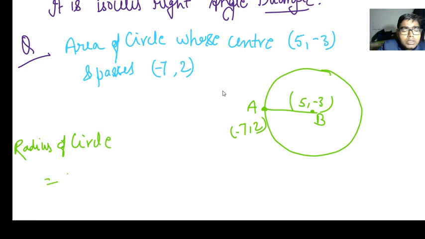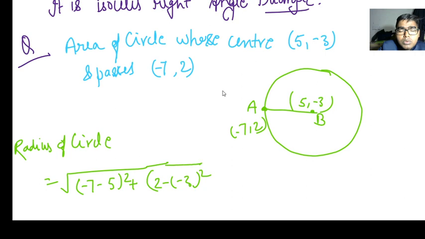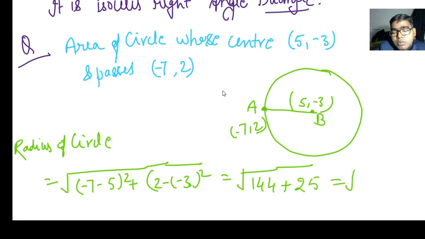So the radius of the circle is under root (-7 minus 5) whole square plus (2 minus 3) whole square. This will become 12 square, which is 144, plus 1, which is 145. Hmm, so the radius is root 169, which is 13.